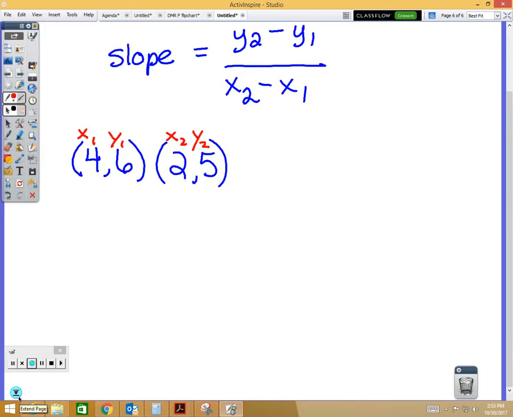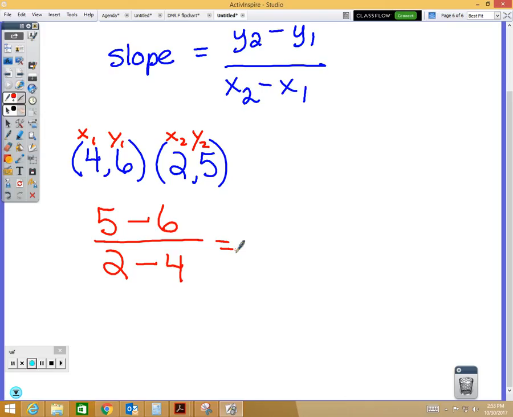So I want y2 minus y1. y2 is 5 minus y1 is 6. y2 minus y1. Then you're going to do x2 minus x1. x2 is 2 minus x1 is 4. Okay? So all I did was substitute into the formula.